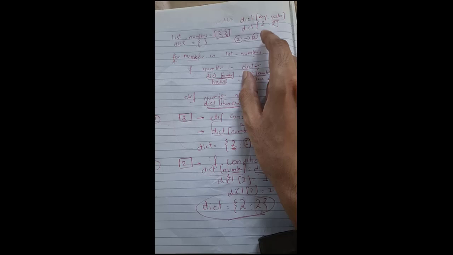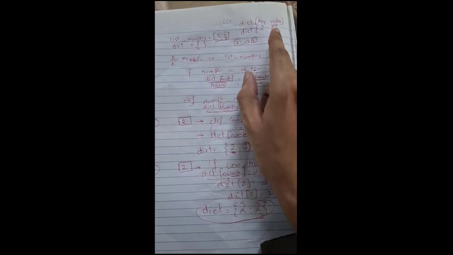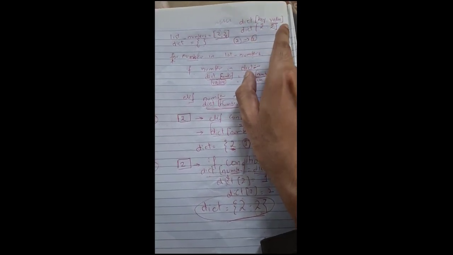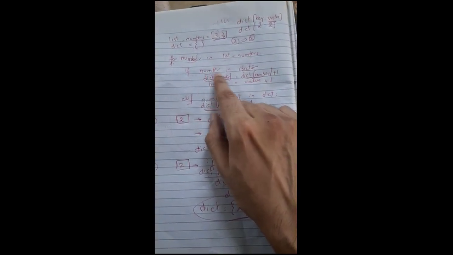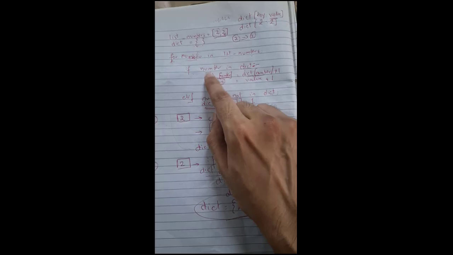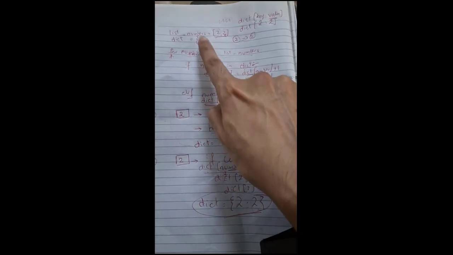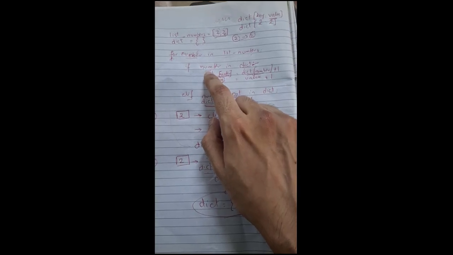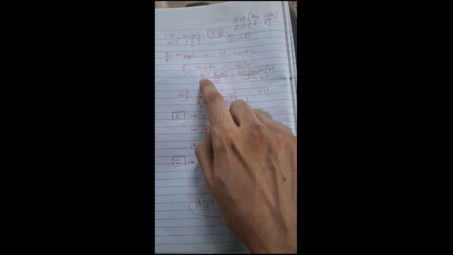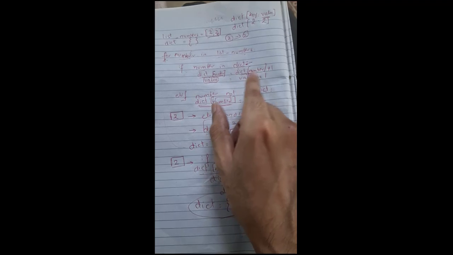We know that a dictionary comes in key-value pairs, right? So in the if condition we say, if number in dict, if the number is present in dictionary, presently the dictionary is empty, right? We say dict[number] is equal to dict[number] plus 1.